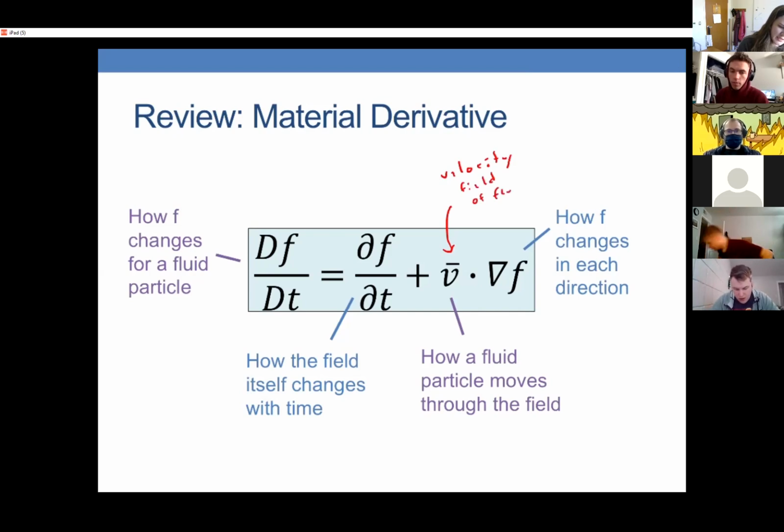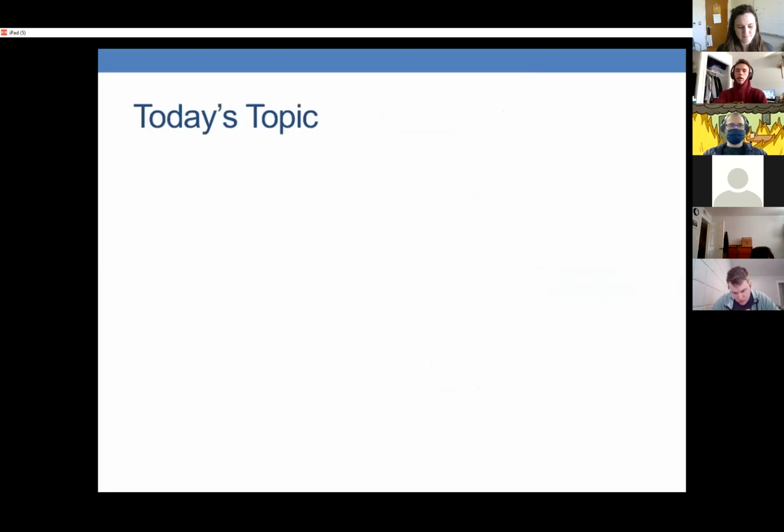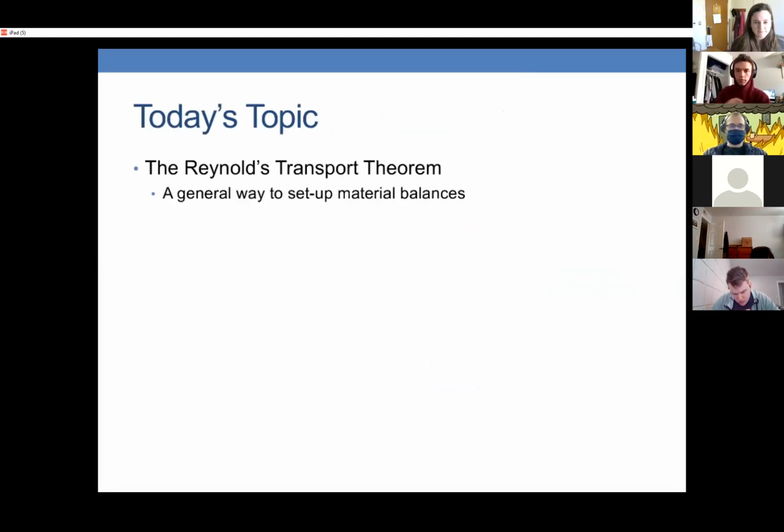So this wouldn't work with anything that is not going at the same velocity as the fluid. That's why in examples we use a really light probe or a leaf, something we can assume is just moving at the same velocity of the fluid. And of course, if it's just a fluid particle, so it's just a piece of the fluid, it would be moving at the same velocity. Okay, thank you. Good.